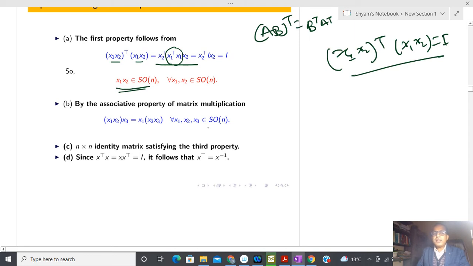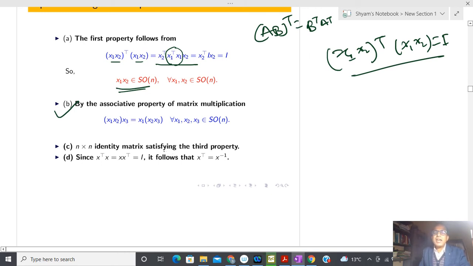Now what I have done, I have selected 3 elements, so this is the closure property. After that I have to prove the associativity, and you can see that associativity is also obvious. Now, n cross n identity matrix you can take. If you apply the n cross n identity matrix to any element, then that element is not going to change.